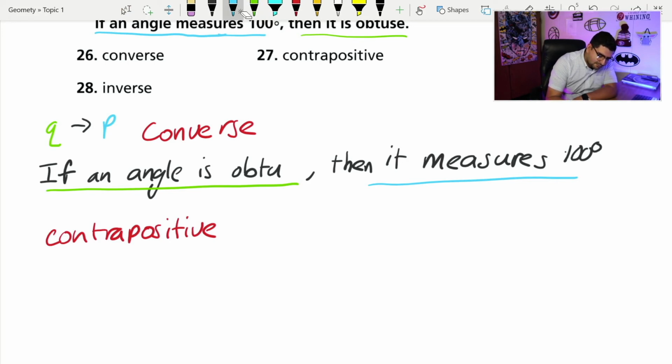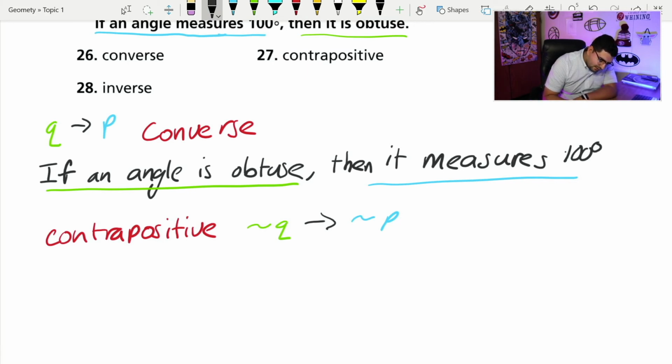Just realized I spelled obtuse wrong, sorry. So we're going to have the opposite of Q, then the opposite of P. So the opposite of our conclusion leading to the opposite of our hypothesis.